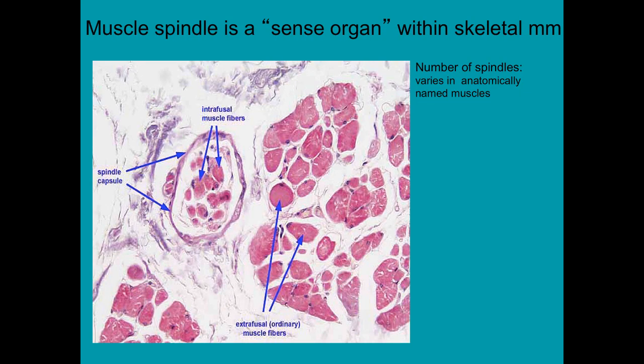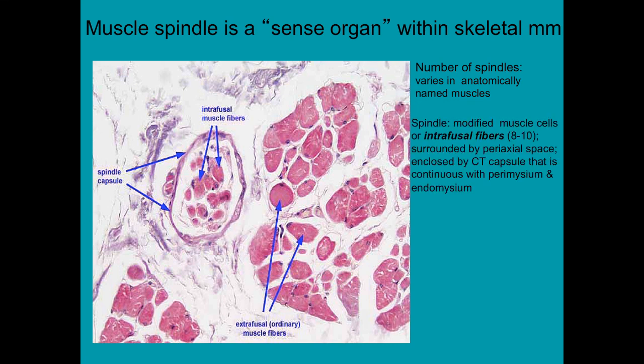This is an example of a muscle spindle, or a sense organ within a skeletal muscle, and the number of spindles varies in anatomically named muscles. The spindle is a collection of modified muscle cells called intrafusal muscle fibers.